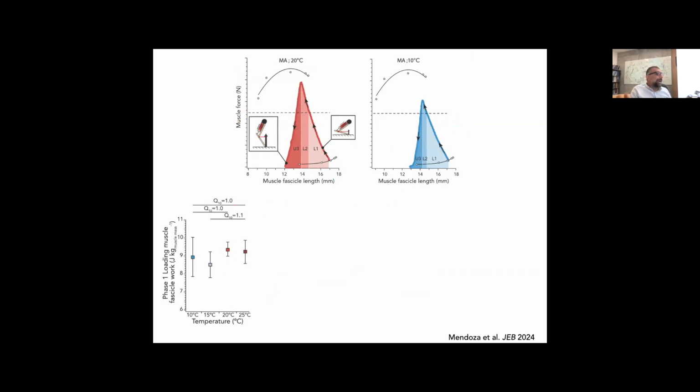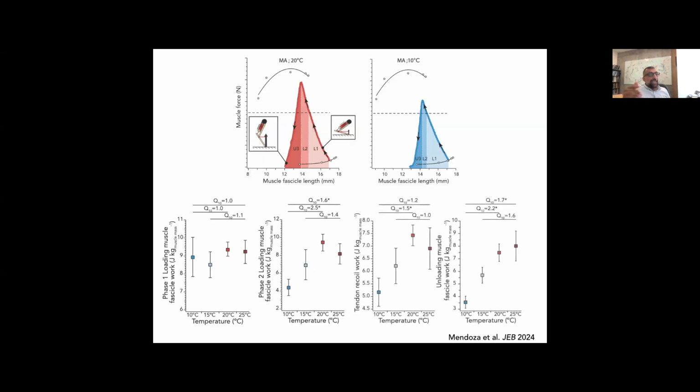I can show that more quantitatively here. What we see is that the amount of energy stored slowly during that early phase is the same across temperature. The overshoot helps us load a little bit more energy when things get hotter.